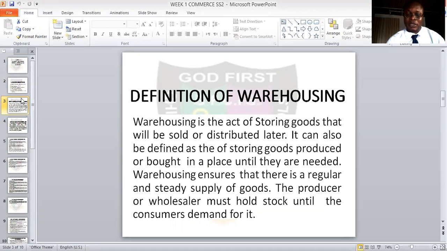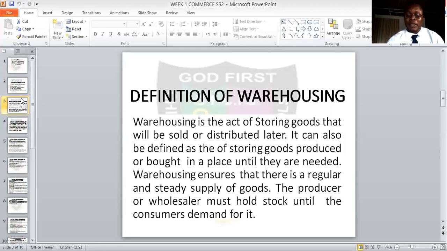Warehousing is the act of storing goods that will be sold or distributed later. Storing of goods is what is called warehousing. Storing of goods, and these particular goods can be sold or distributed later.